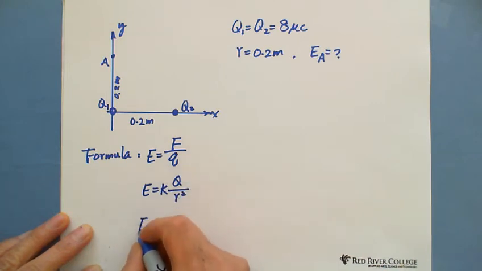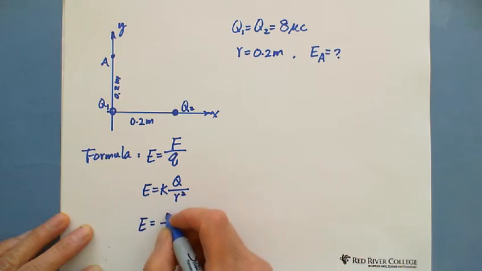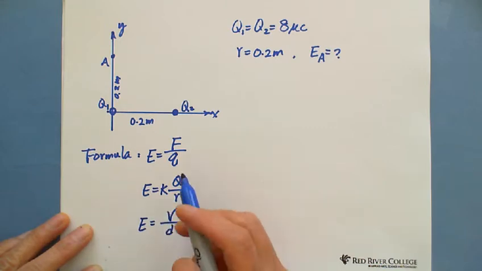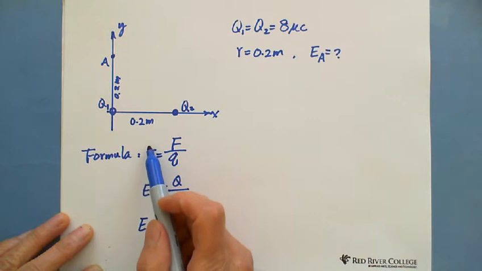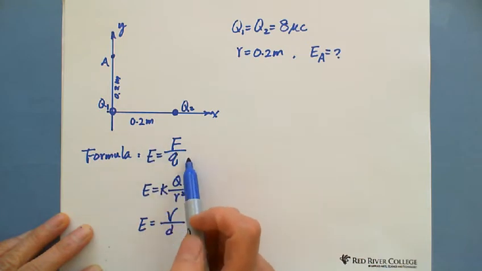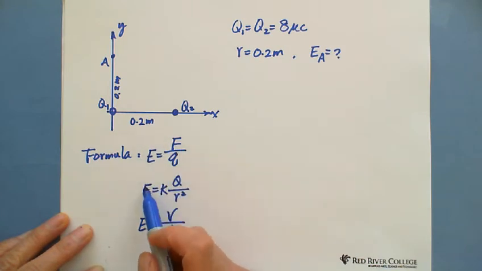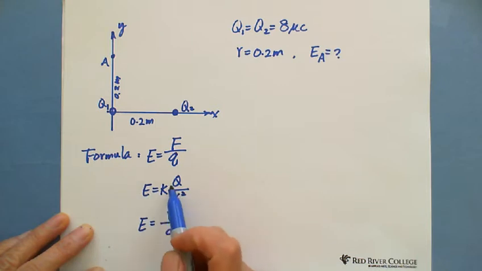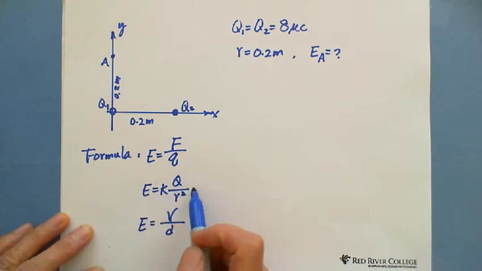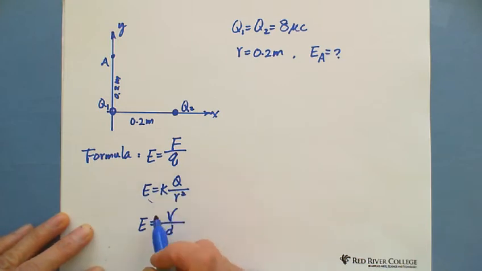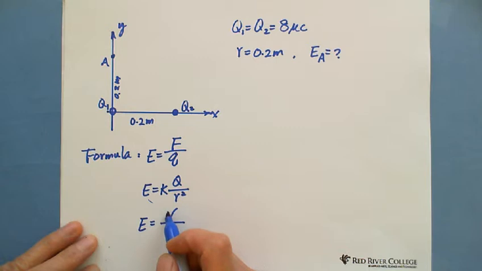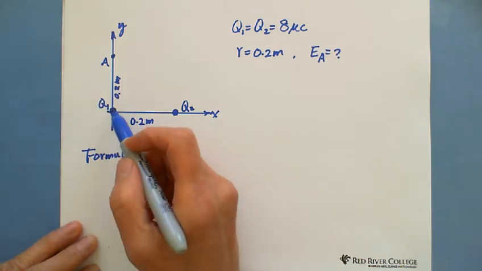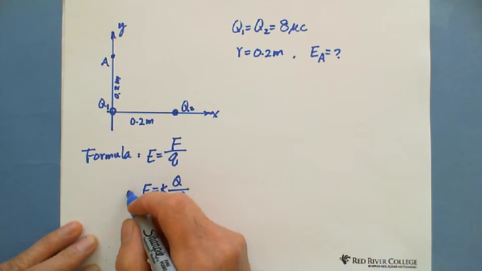And another formula is E equals V over d. The first one is for definition. The second one is applied to point charge only. The third one is for plate charge. So obviously this is a point charge. That's why we use this one.